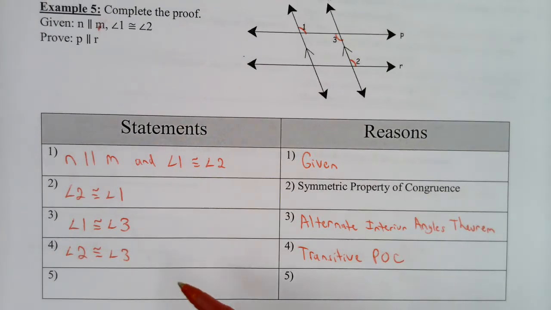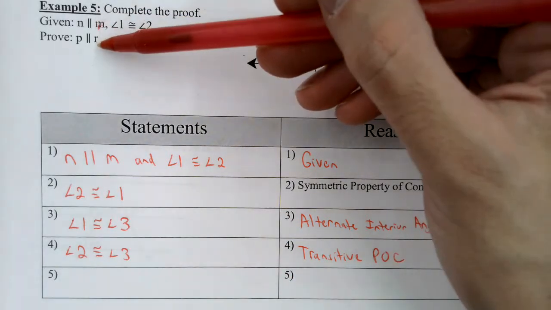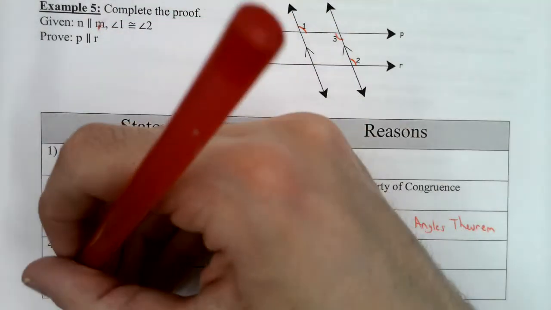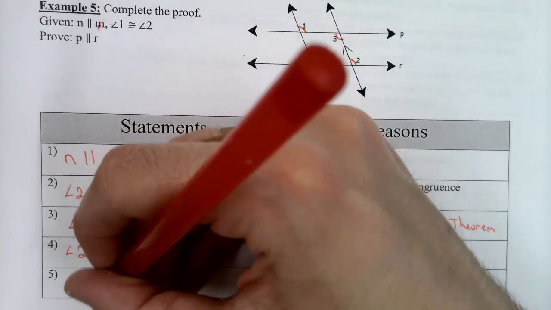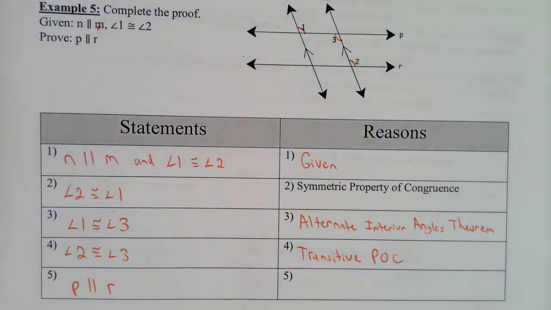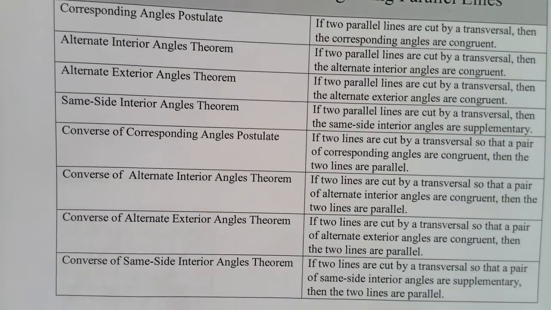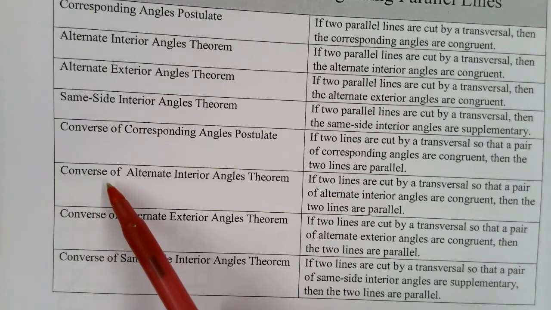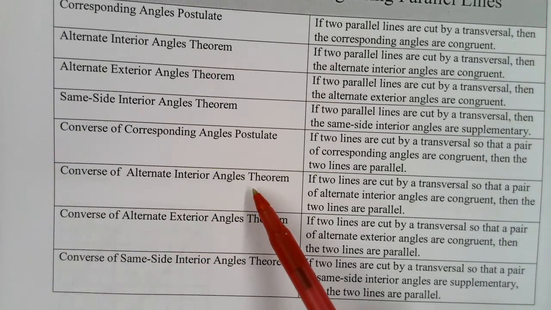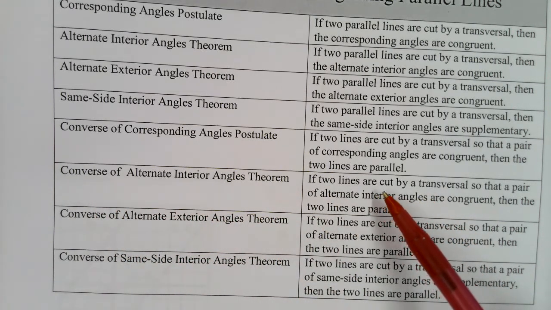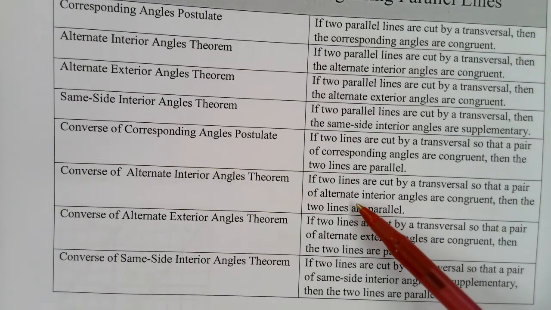But now I can get to my conclusion, what I had to prove. I had to prove that P is parallel to R, and I did. If you go back to the first page, I used this one right here, the converse of the alternate interior angles theorem. If 2 lines are cut by a transversal so that a pair of alternate interior angles are congruent, then the 2 lines are parallel.